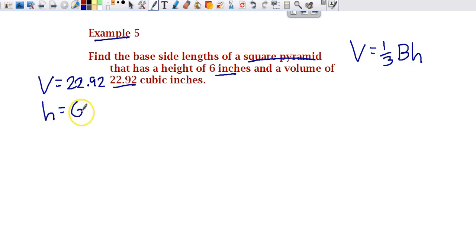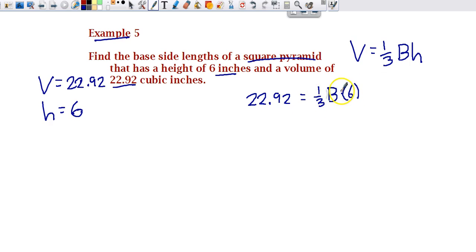So we're going to substitute V and H in for these two. And my recommendation would be to times 1/3 and 6 first. 1/3 of 6 is 2. You could multiply them together. It's 6 divided by 3. And you can rearrange these.